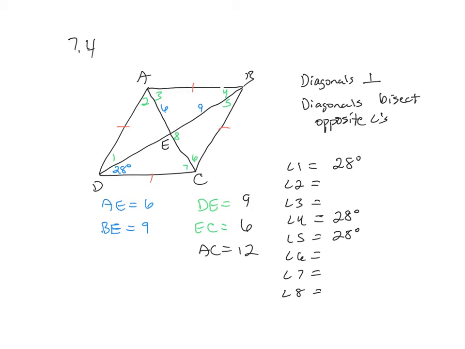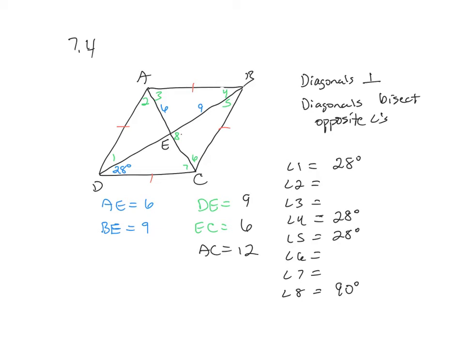Okay, so now this could be a little bit more tricky, but how do I figure out 2, 3, 7, and 6? Because there's nothing there. Well, you have to go to number 8. Diagonals are perpendicular, so angle 8 is 90 degrees.